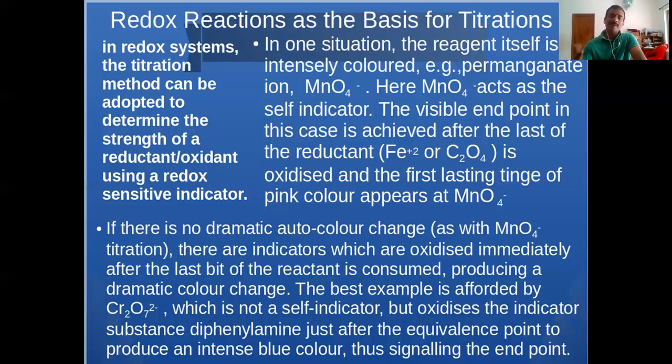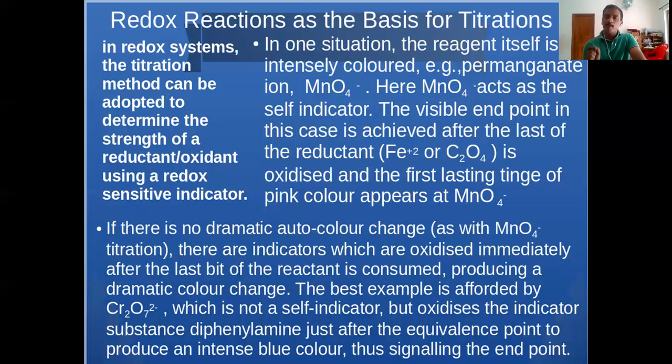And the second case, dichrometry. The dichromate is colored, but that is not enough to identify the endpoint of the reaction. When we use potassium dichromate for the titration, we cannot identify a color change. Potassium dichromate is also an oxidizing agent. Fe2+ can be estimated using dichrometry, meaning titration with potassium dichromate.